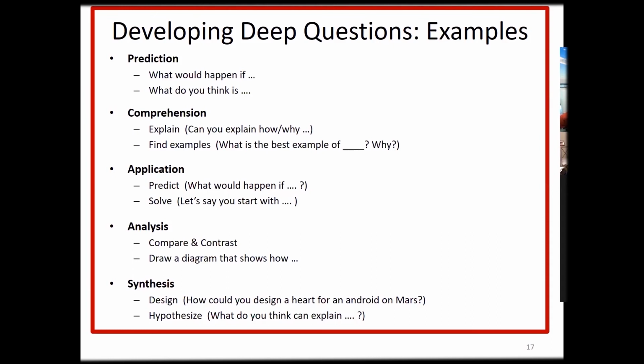If you want to generate questions at a deep level for a certain purpose, for example, you want to target application, then probably these are good prompts. They can help you generate questions, but they're not an exhaustive list. There are other things. I just give you some examples here.